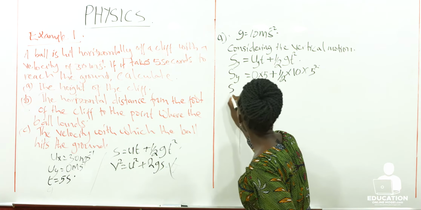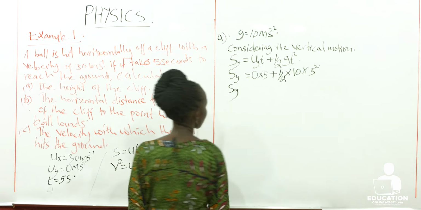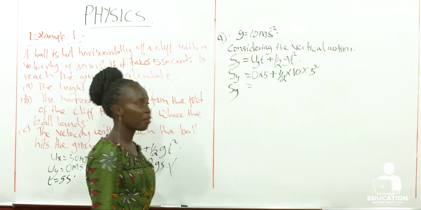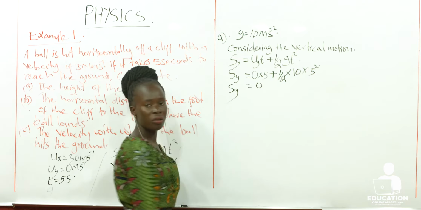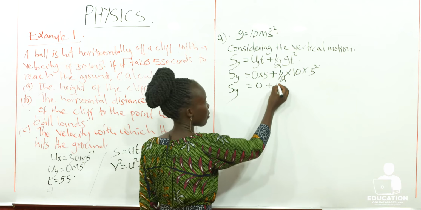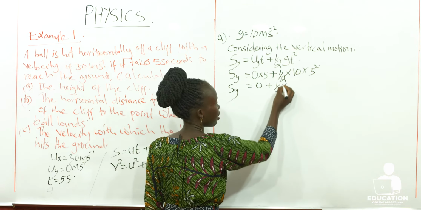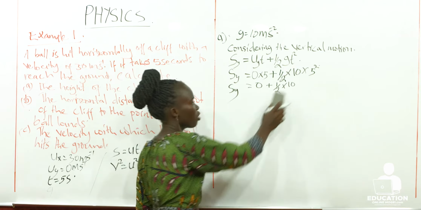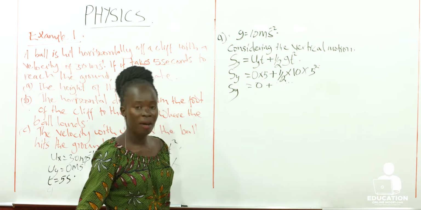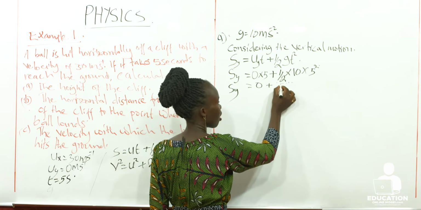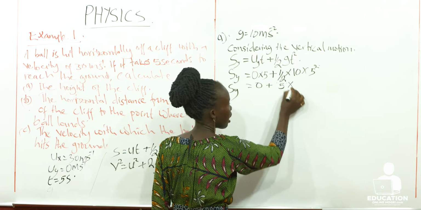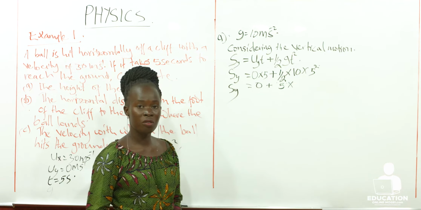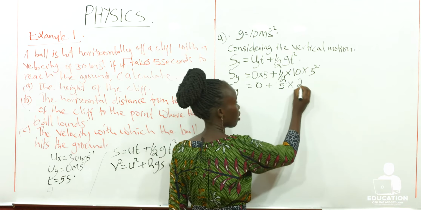So we shall have our Sy. Sy will be equal to 0 times 5, which gives us 0, plus a half times 10. A half times 10 will give us 5, times 5 squared. 5 squared is 5 times 5, which will be 25.